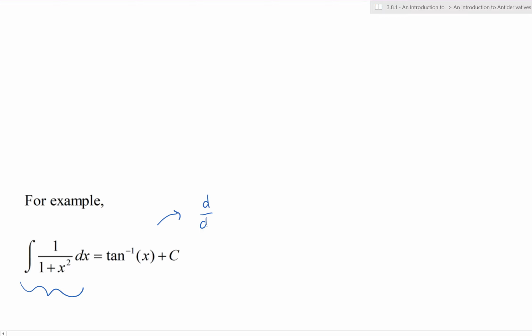Because the derivative with respect to x of inverse tangent of x plus a constant is going to be 1 over 1 plus x squared. So it tells us on the left-hand side to anti-differentiate this function 1 over 1 plus x squared and treat the x as the independent variable, giving us the collection of general antiderivatives for this function.